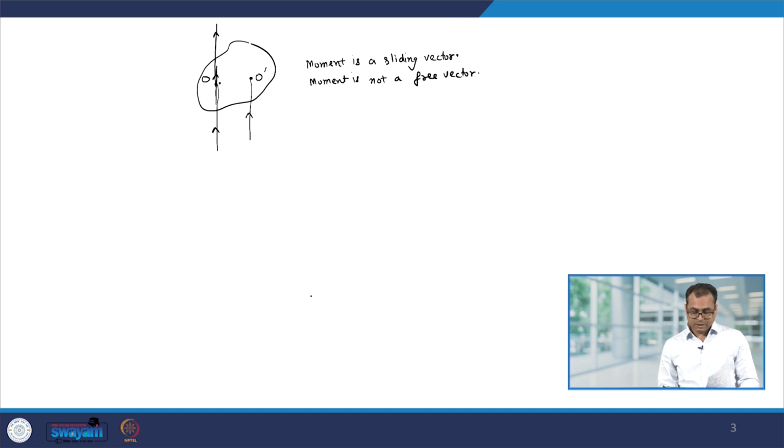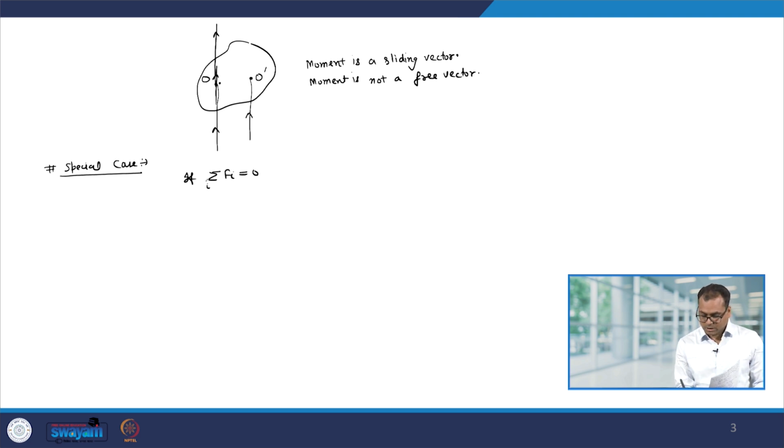Now, let us look at the special case where all the forces acting on the body are such that their sum is 0. That means that the sum of the forces which are acting on the body is 0.